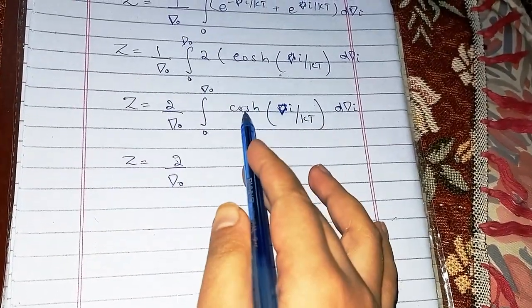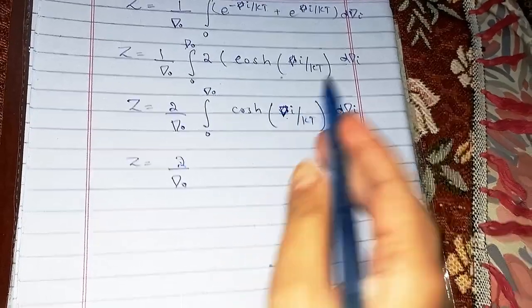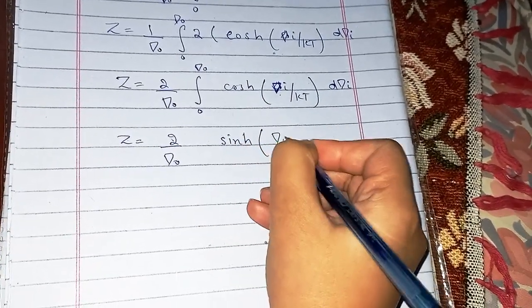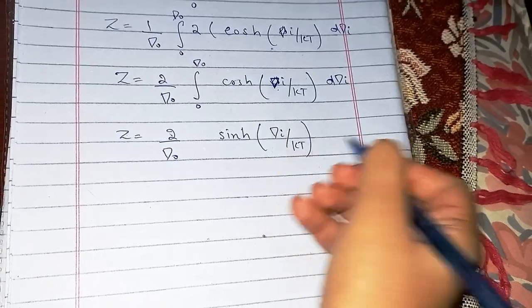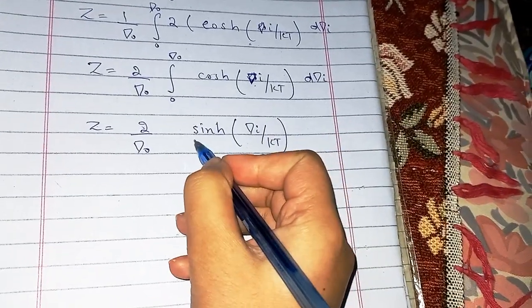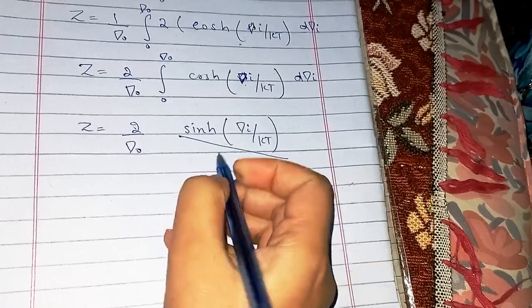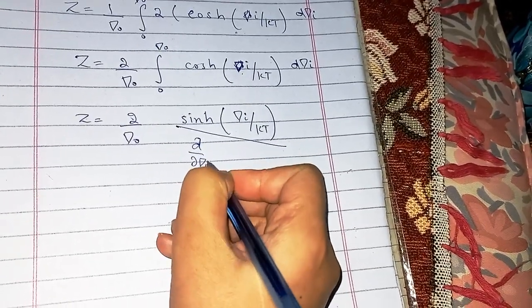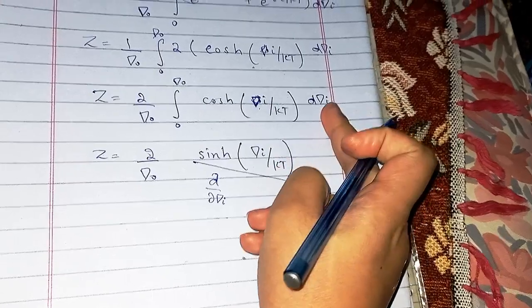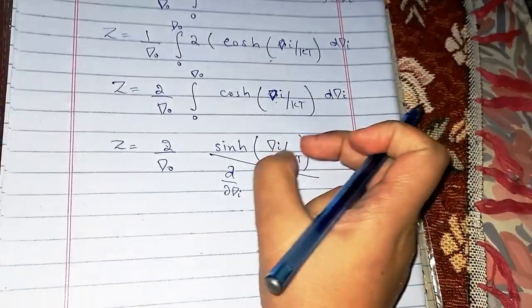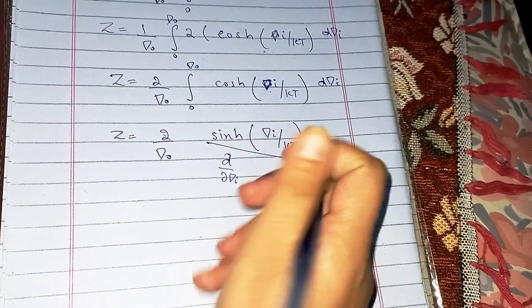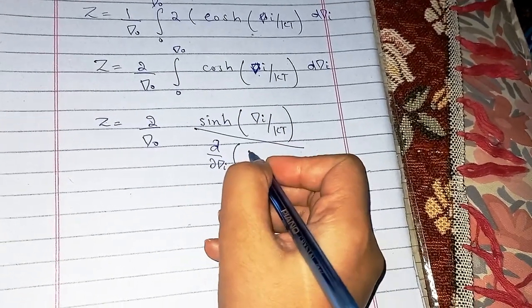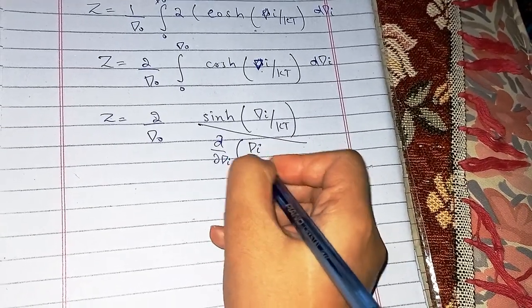So the integration of cos hyperbolic of an angle is sine hyperbolic of delta I by kt, and this whole quantity is divided by the derivative of its angle. Because integration is done over delta I, the division by the derivative is with respect to delta I. The derivative of the angle is delta I by kt.